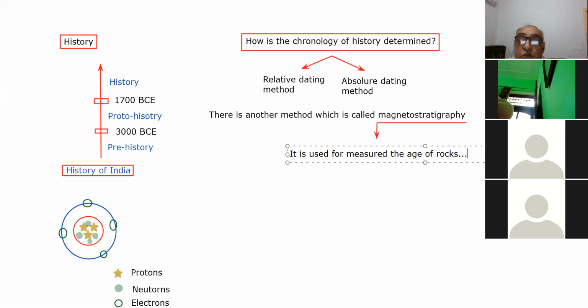So in the range of age कौन सी range में? In the range of, right, we can say 20,000 years से लेकर के, right, up to we can say billion of years. So we measure the age of the rocks, right?